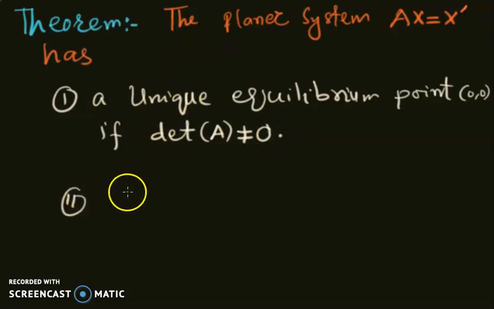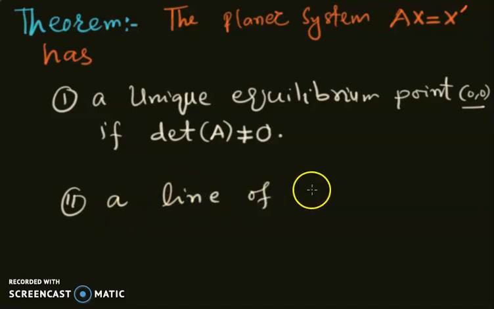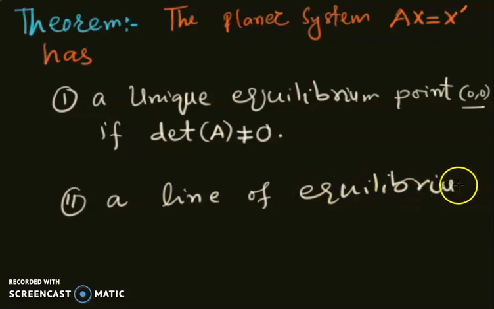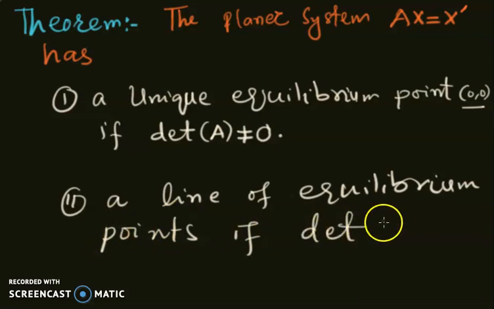Secondly, the planar system x prime equal to Ax has a unique equilibrium point 0, 0 if determinant of A is not 0, and it will have a line of equilibrium points if determinant of A is 0.